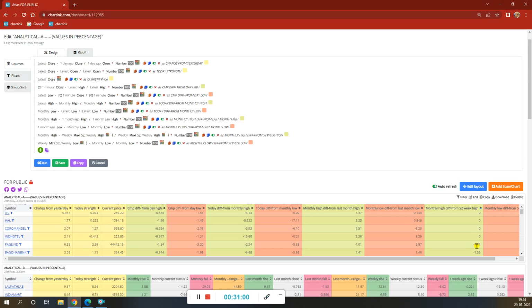Okay, now further it starts giving you the minus values. Now if we look at Page Industries, it says 1% away. This stock, when it was making its monthly high, was only 1% away from its 52-week high. Was that the case? Let's check.